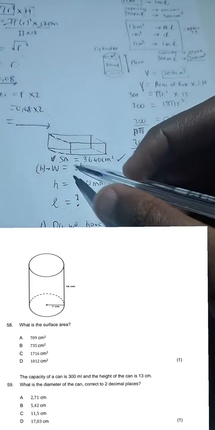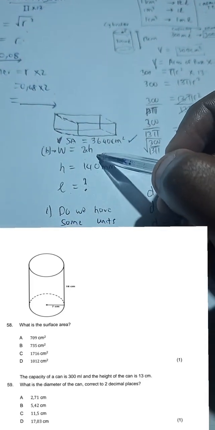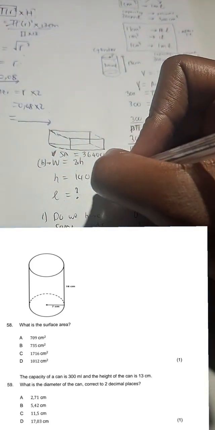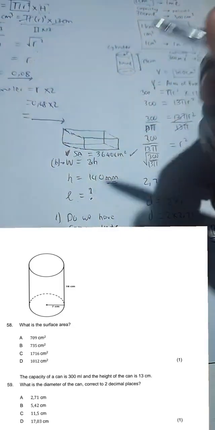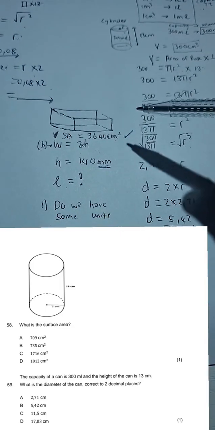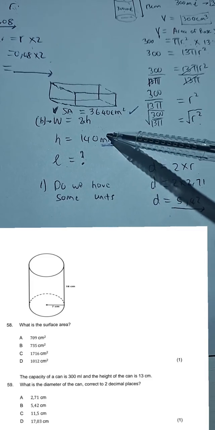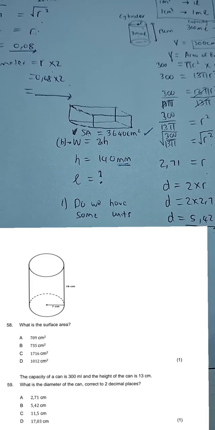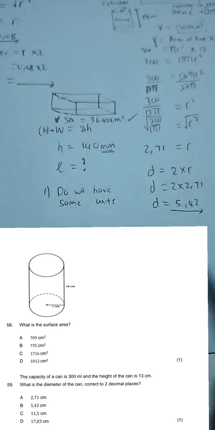Width is 2 times the height. The height is 140 millimeters. We need to change this 140 millimeters because if the units of the answer are in centimeters, then we can't have millimeters as the height. So we need to convert the height to centimeters.